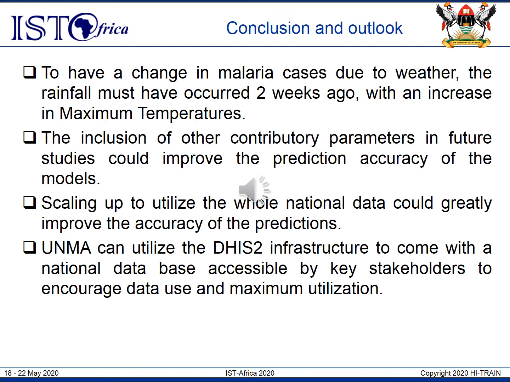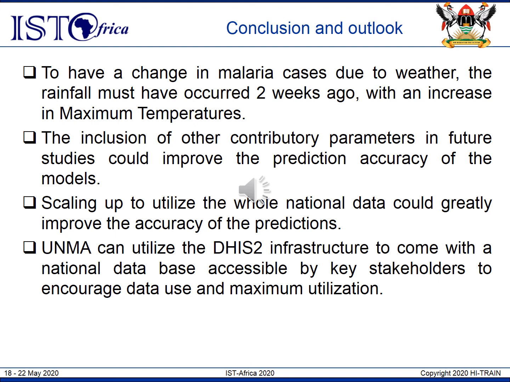This study therefore concluded that for us to have a change in malaria cases due to weather, the weather factors like rainfall must have occurred 2 weeks ago, with an increase in maximum temperatures and relative humidity.